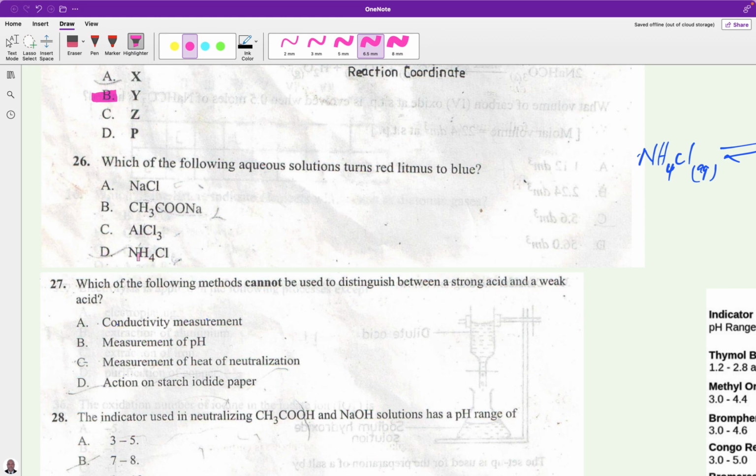Because when ammonium chloride dissolves in water, from our last question, you will see that this ammonium chloride is formed as a result of ammonia reacting with hydrogen chloride.